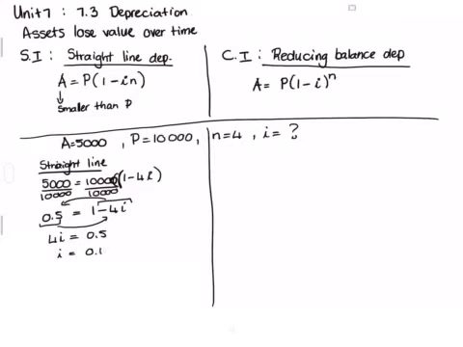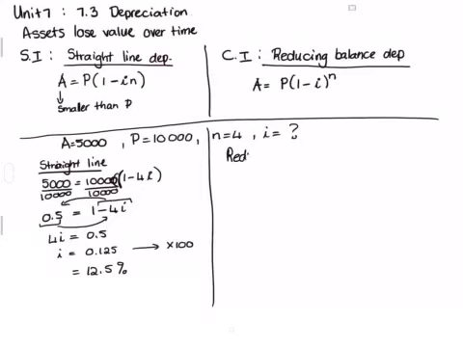I equals 0.125, but remember, we must multiply by 100 to get it as a percentage. And you can put equal to, provided you write percentage next to it. Right, so if 10,000 depreciated to 5,000 in 4 years, then the straight line depreciation interest rate was 12.5%.